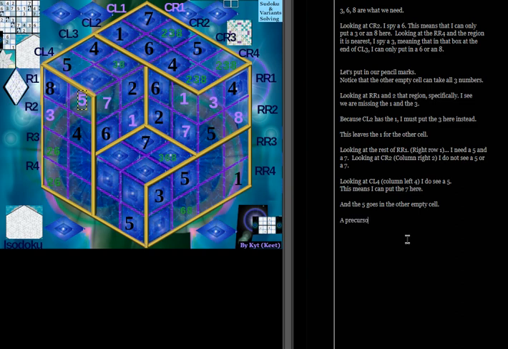A precursory look says I cannot put in the 3, 6, or 8 or the 2, but looking at the top region again, we did put in an 8, meaning that our pencil marks can be fixed.